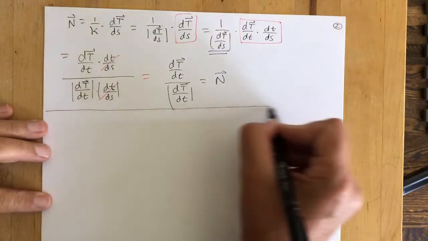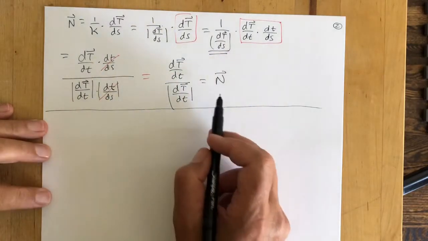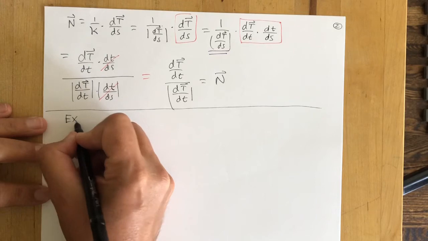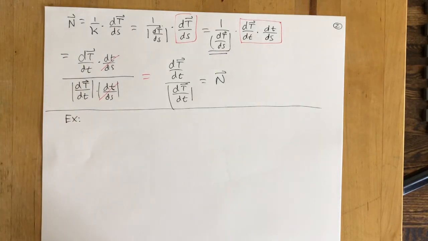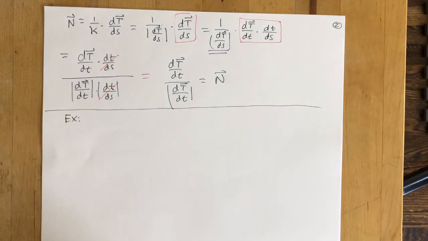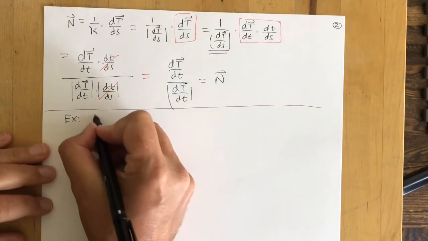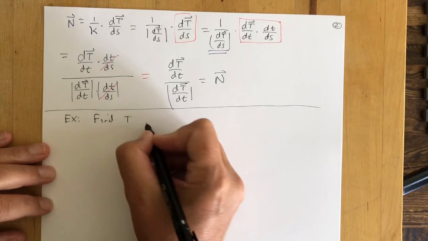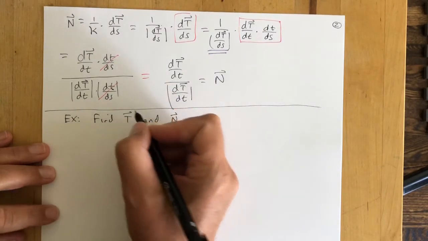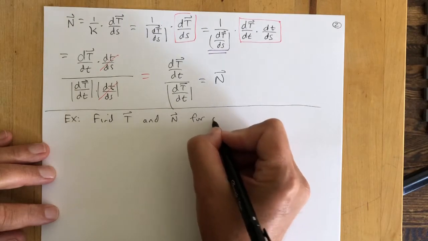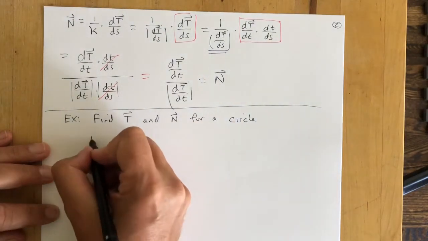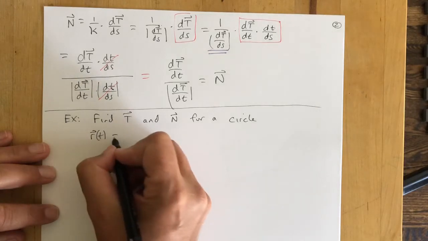Okay. And of course, you don't have to do all this, but I just want to show where it comes from, right? So now here's our big example, the crux of this little lecture, which hopefully comes out nice. We want to find T and N for a circle. Just fiddling with 2-space now.